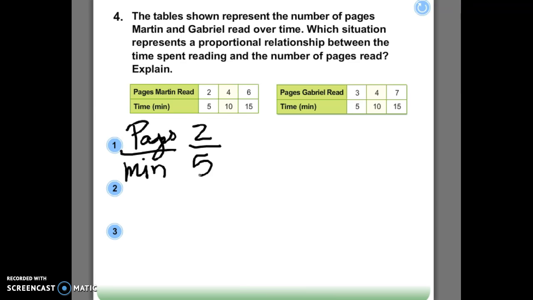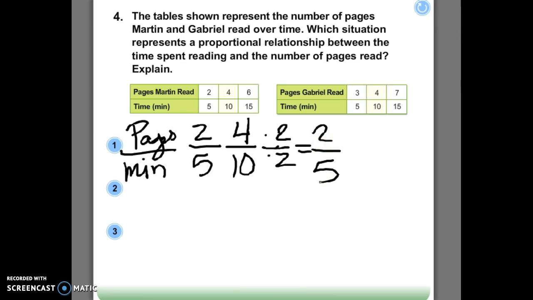I have 4 pages in 10 minutes. Is there something that I could reduce both 4 and 10 by? And the answer to that is yes. I could divide both the top and the bottom by 2. 4 divided by 2 is 2. 10 divided by 2 is 5. So I got 2/5 here.